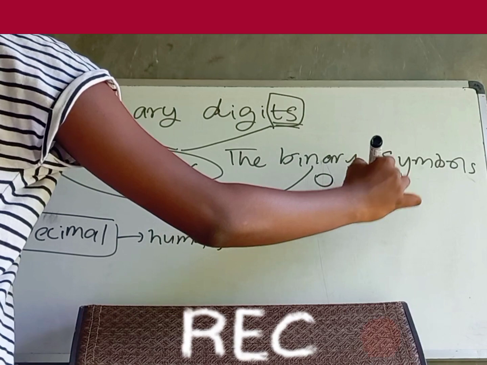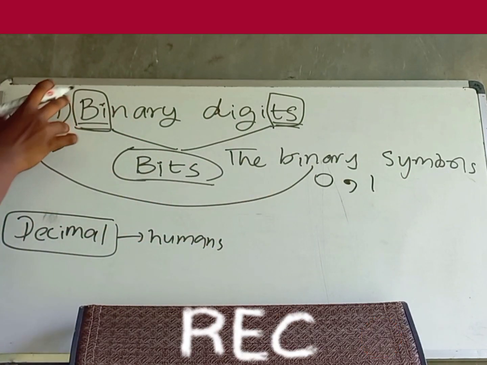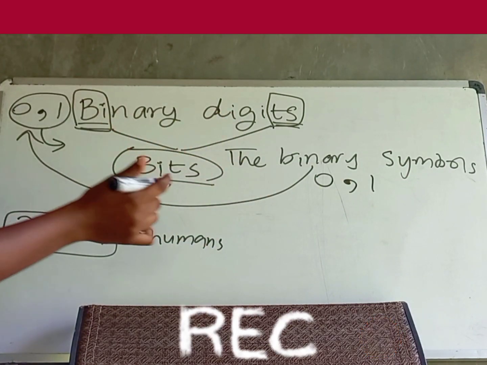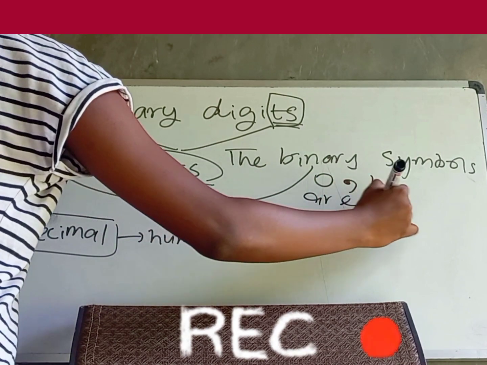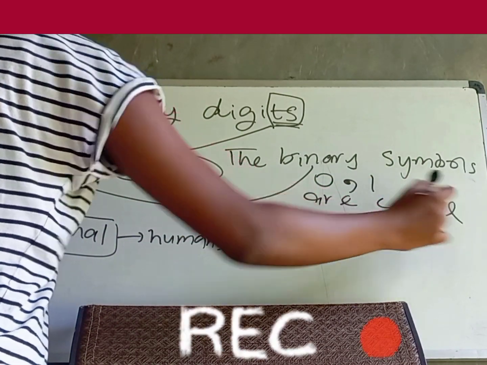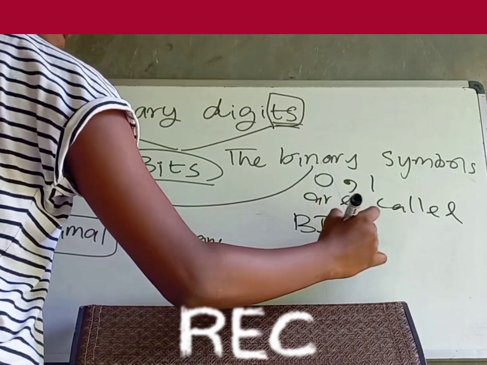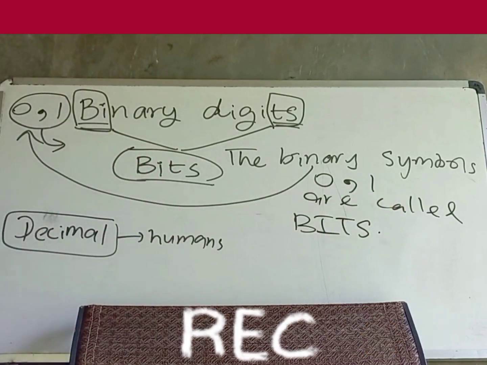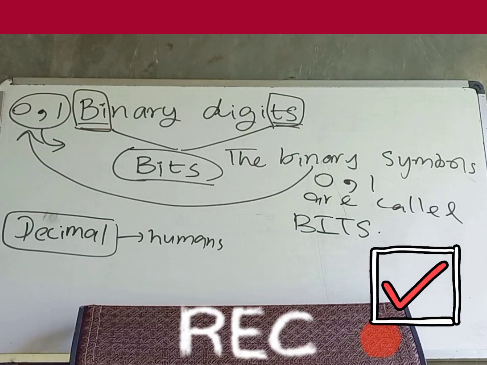The binary symbols 0 and 1 are called bits. So what are bits? The binary symbols 0 and 1 are called bits.